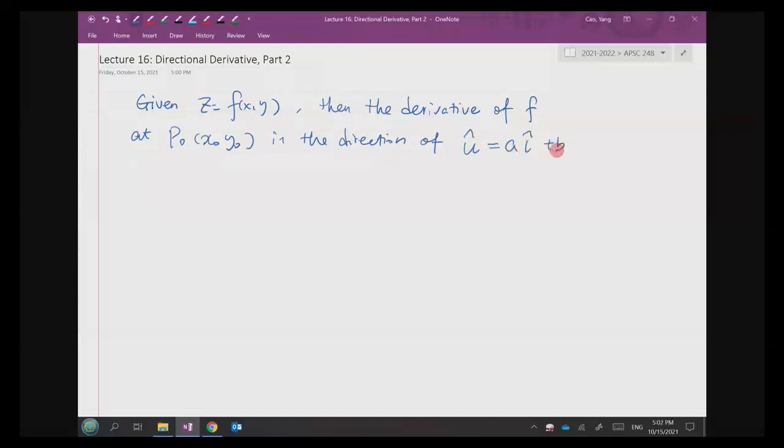We use a, b to represent this unit vector. So we're looking at the derivative of this function at this point in the direction given by u hat.